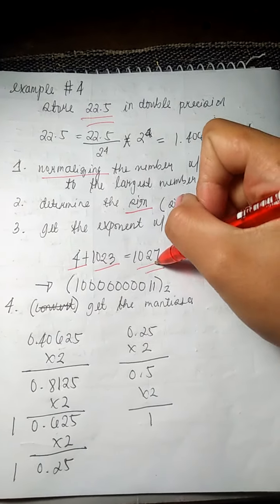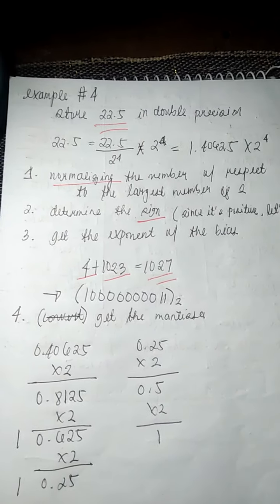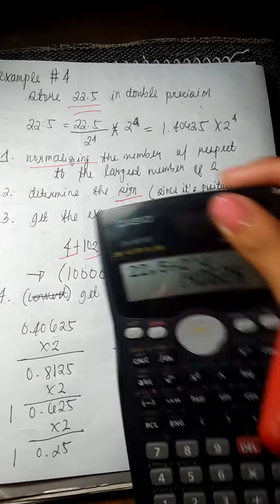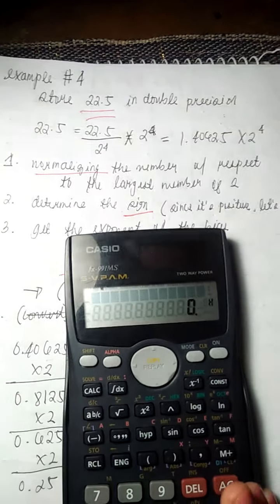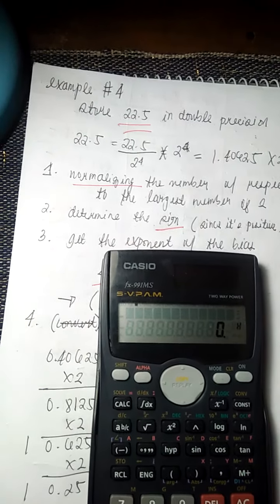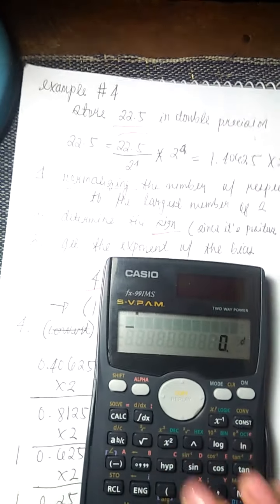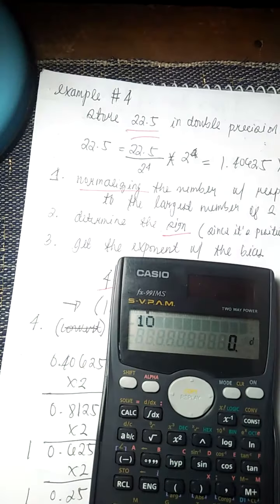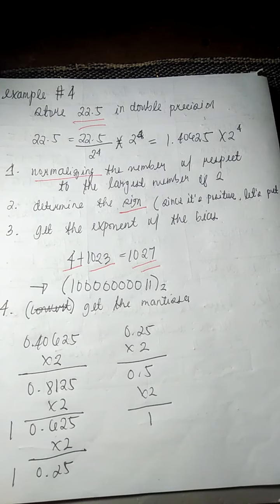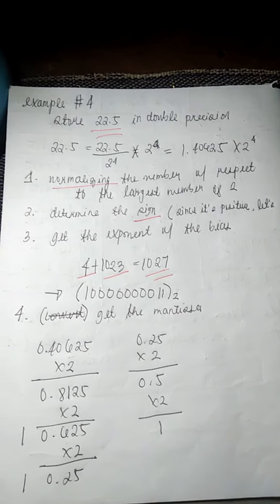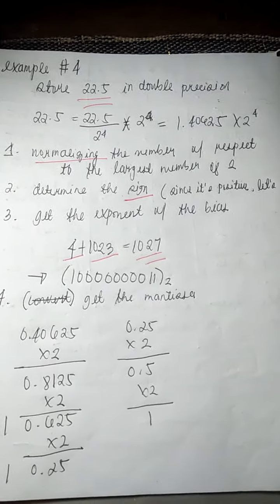And this 1027 we convert into binary form. The binary form of 1027 is 10000000011.